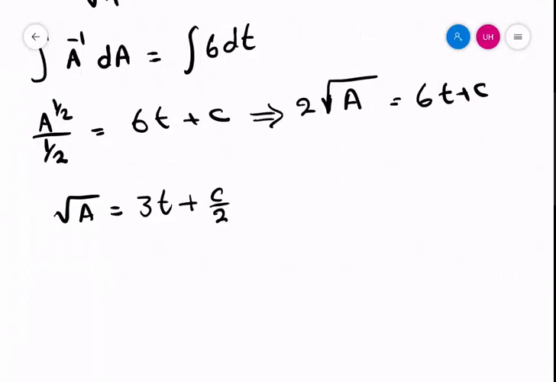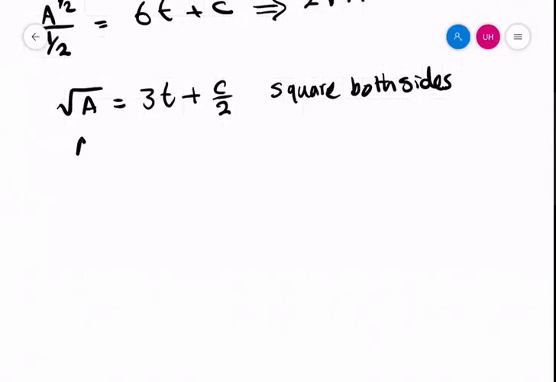Then to find A itself, we need to square both sides. There's going to be A equals, and when you square this, it means all of this squared.